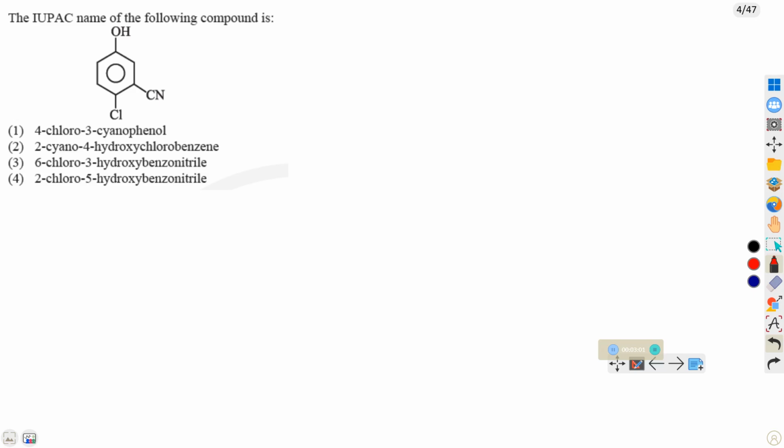Give the IUPAC name of the following compound. First of all, the order of priority of functional groups. Cyanides are high priority groups, after that alcohols, finally halogens.